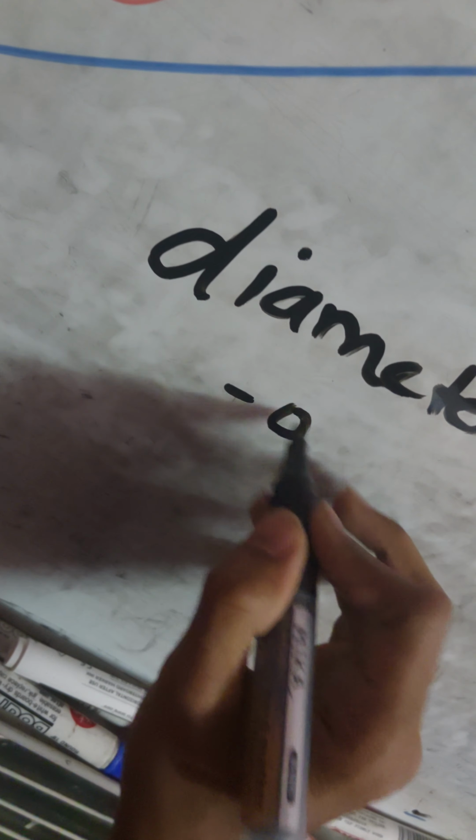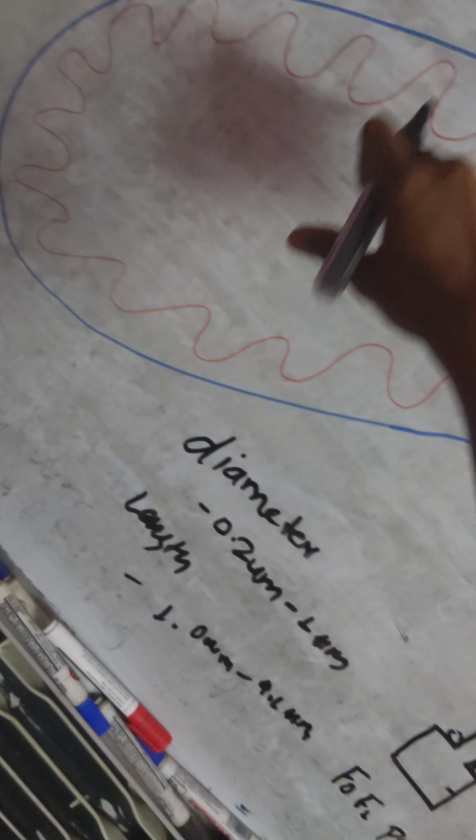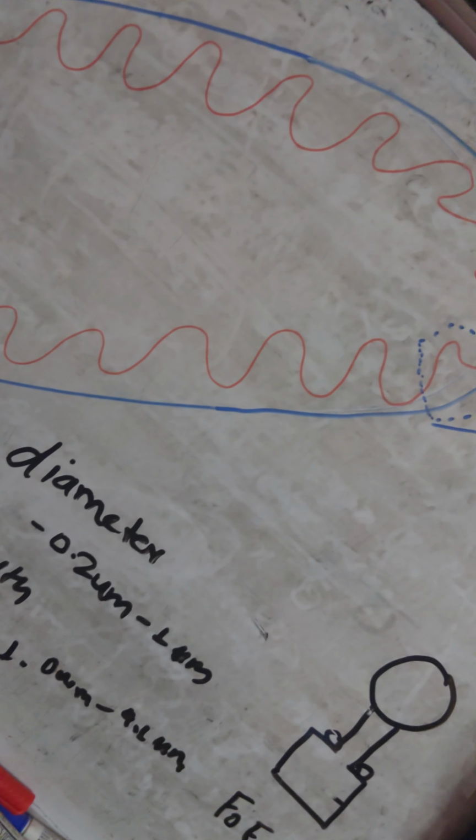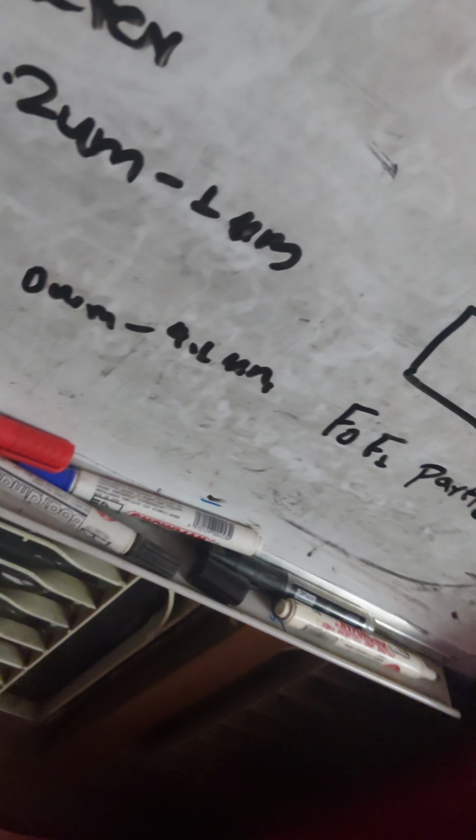And if you look at the morphology, the diameter of mitochondria is 0.2 micrometer to 1 micrometer, and the length is 1 micrometer to 4.1 micrometer.